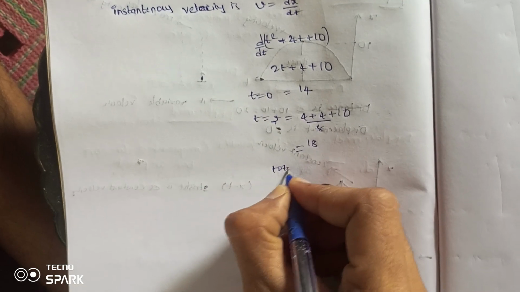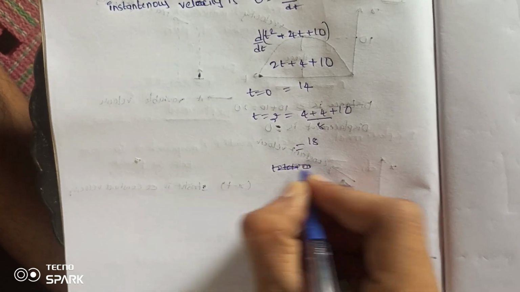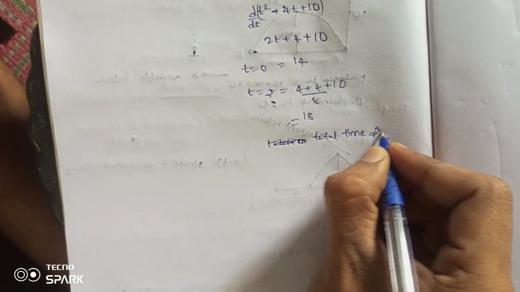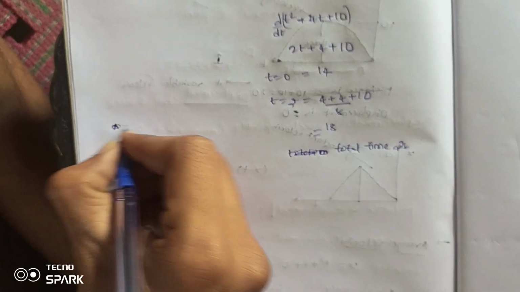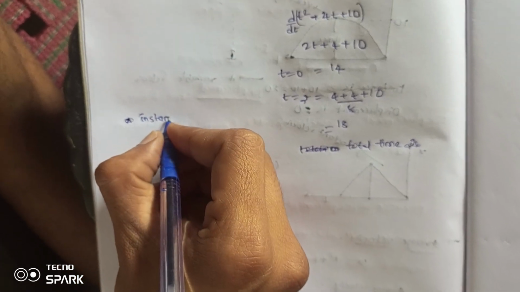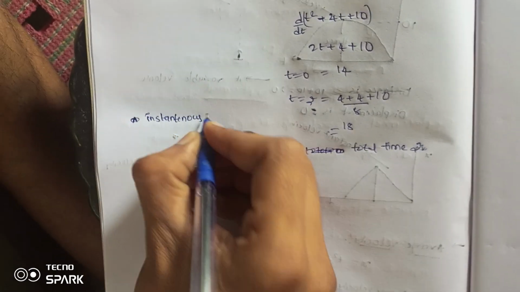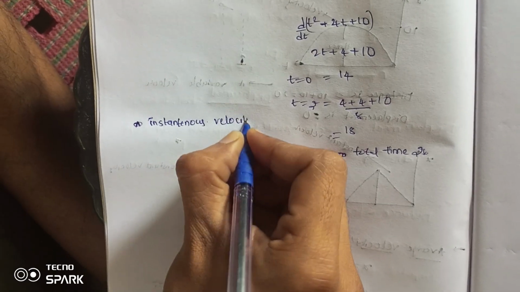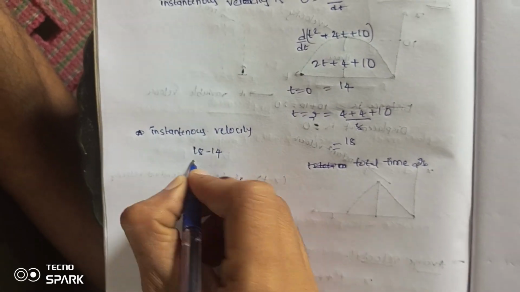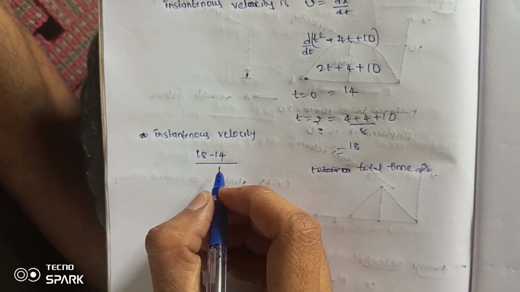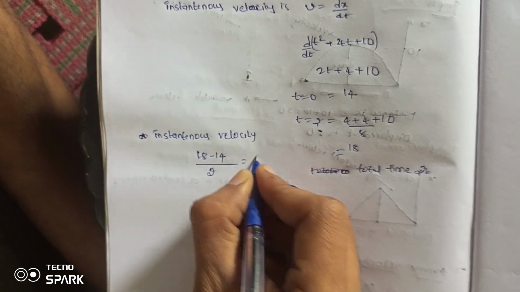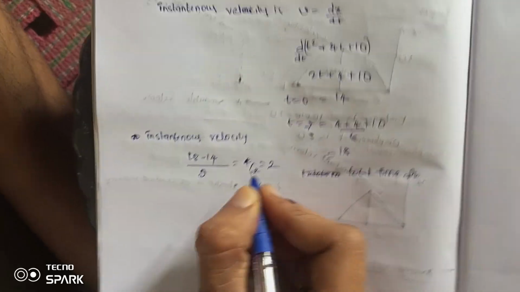Total time is 2 seconds, and the change is 8 minus 4 by 2 seconds.